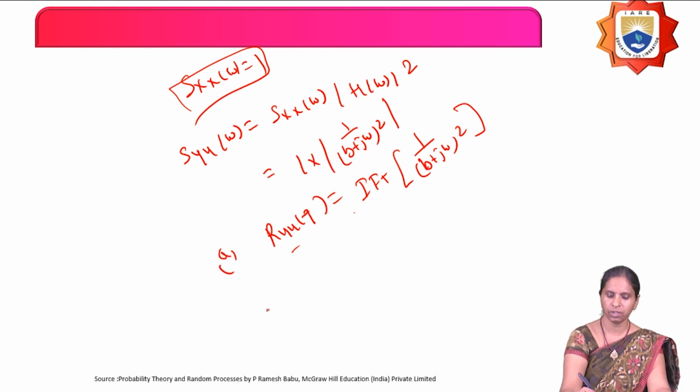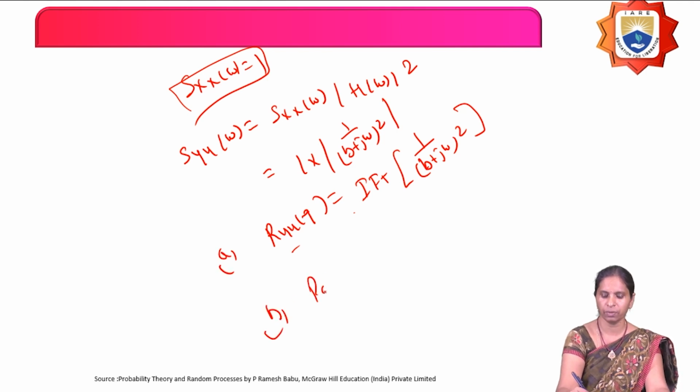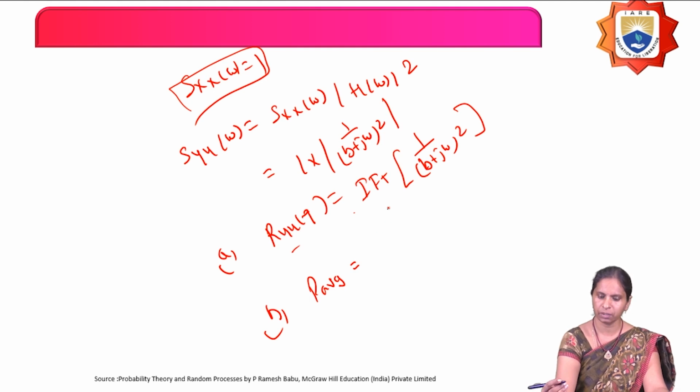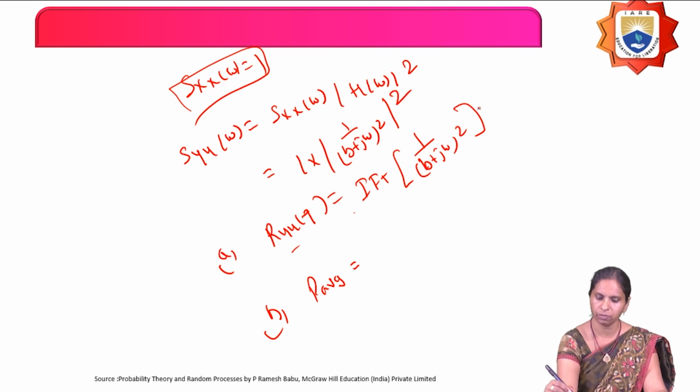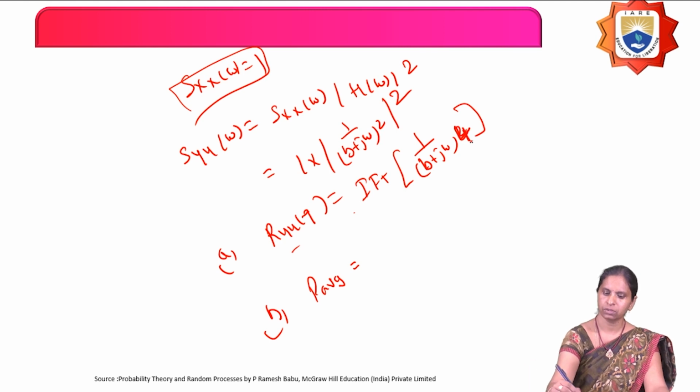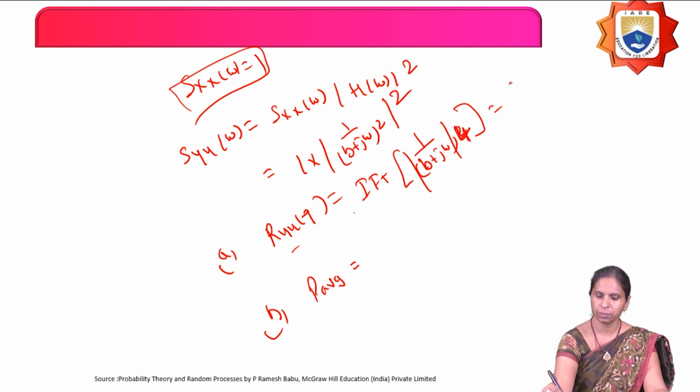This is the first problem. And what is the second problem? You have to calculate the average power. How can you obtain the average power? That is nothing but what? Mod of h of omega whole square here. It means the inverse Fourier transform of 1 by (b plus j omega) whole power 4 here. So mod here, that is nothing but 1 by (b square plus omega square) whole power 4.